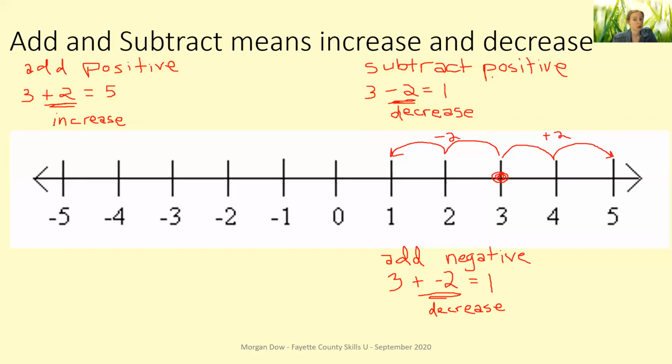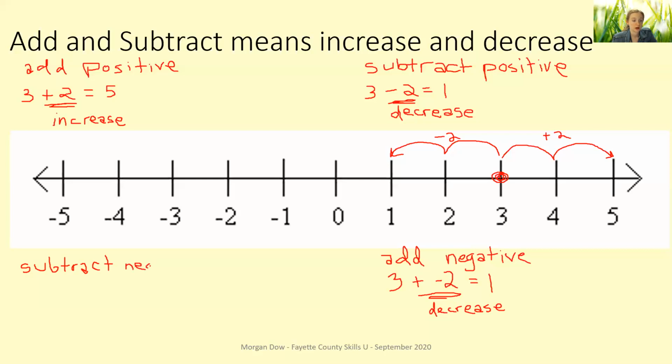So we talked about subtracting a positive number. Now let's think about what's going to happen if we do the opposite, if we subtract a negative number. Well, when I switch from positive to negative, the opposite thing must happen. So instead of causing me to decrease, the opposite thing will happen. I will increase instead.